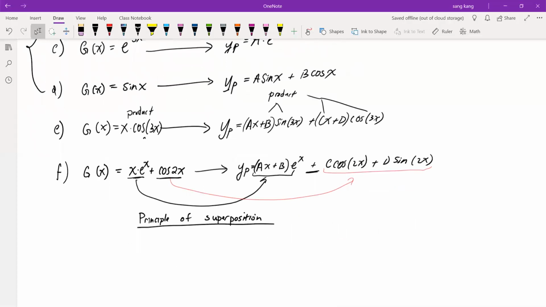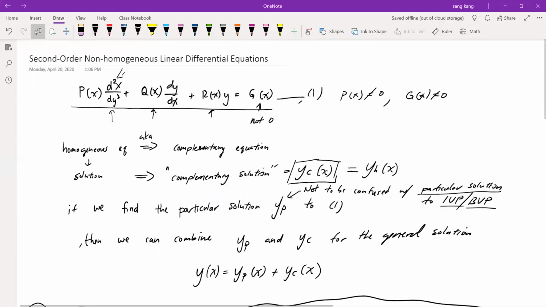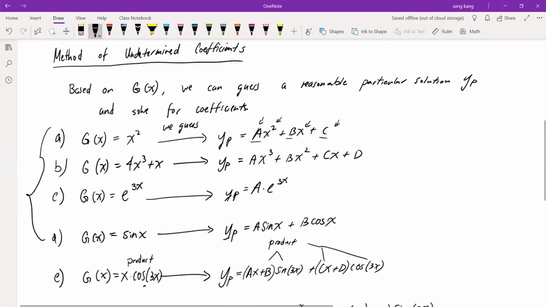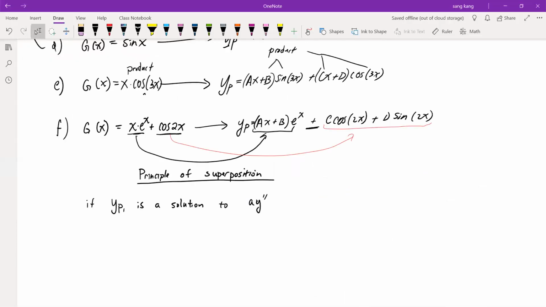So it's essentially saying if yp1 is a solution to, so I'm going to simplify our first differential equation up here. Instead of putting p of x, I'm just going to simplify it to these coefficient terms: a y double prime plus b y prime plus c y equals, I'll call this g1 of x.